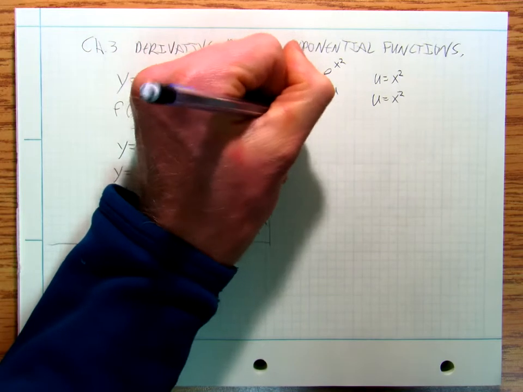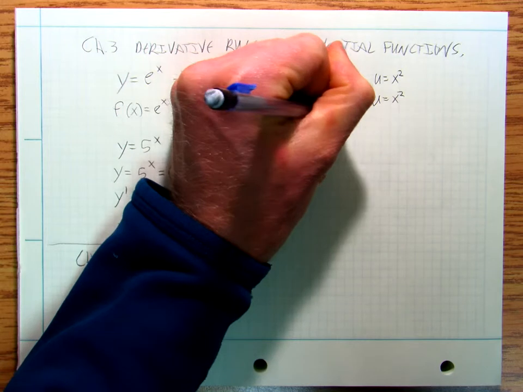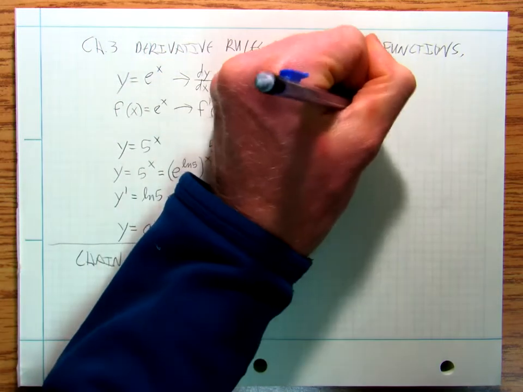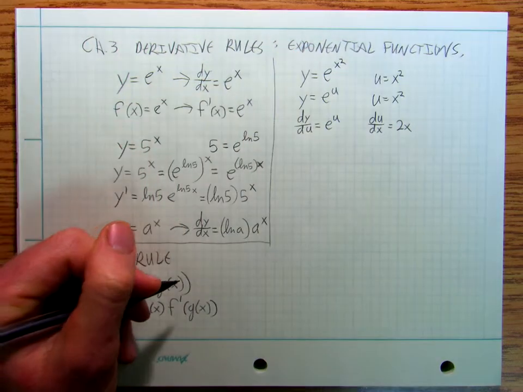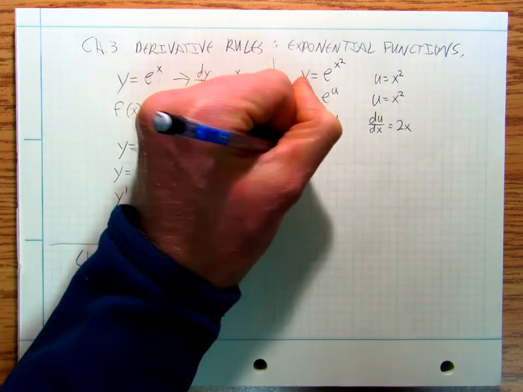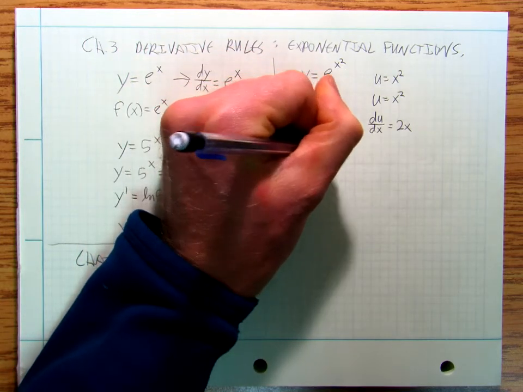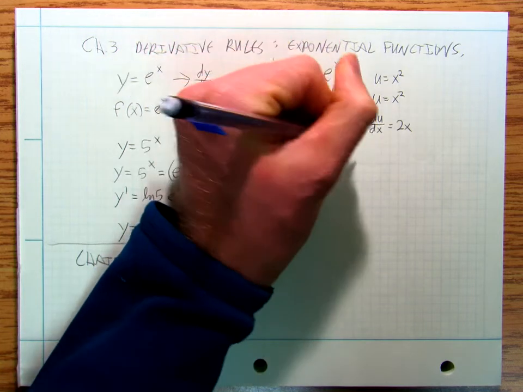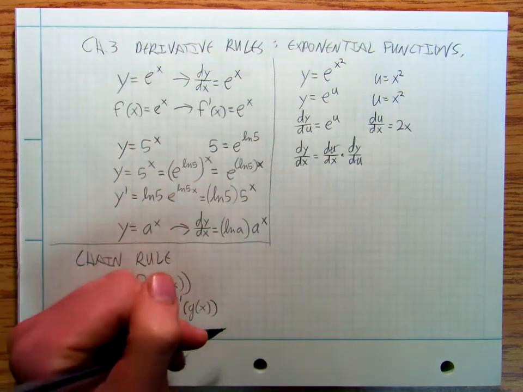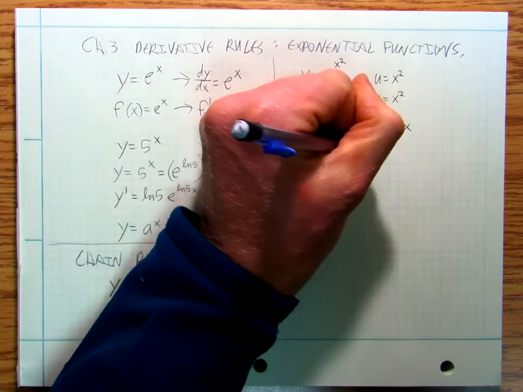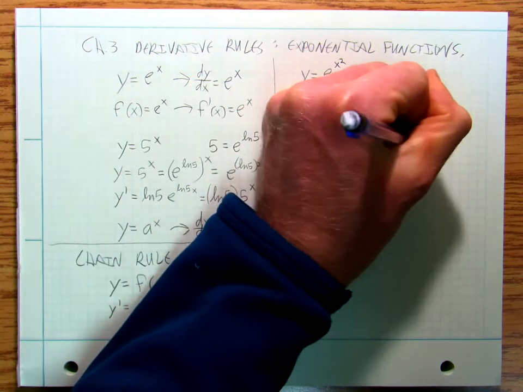I'm going to say dy/du is equal to e to the u. And then I'm going to say du/dx is equal to 2x. And then dy/dx is going to equal du/dx times dy/du. My du's are going to cancel out, right? du/dx is 2x, dy/du is e to the x squared.